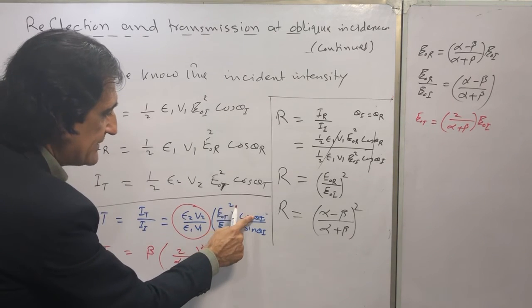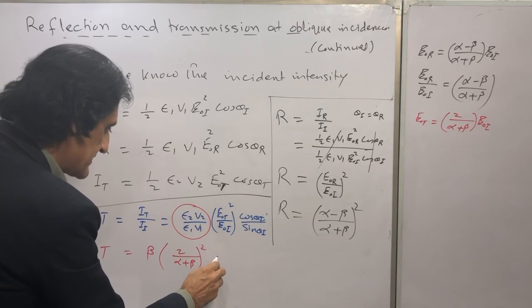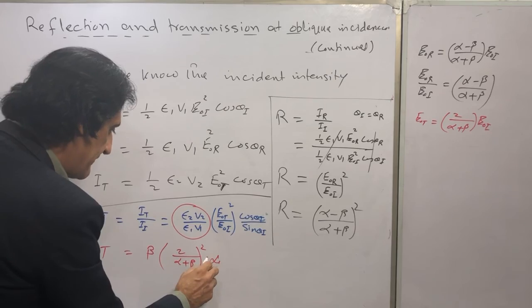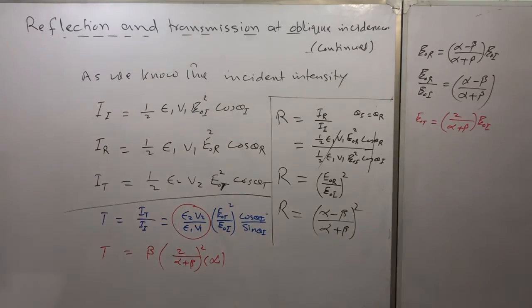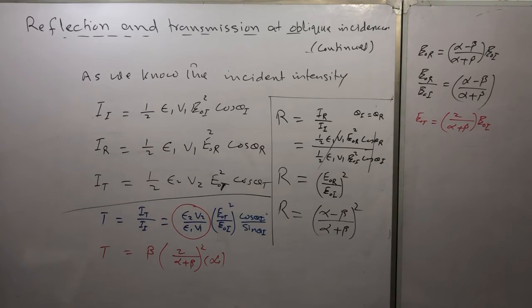And this cosine theta t divided by cosine theta I, we have considered this is alpha. So this is the reflection coefficient and this is the transmission coefficient.